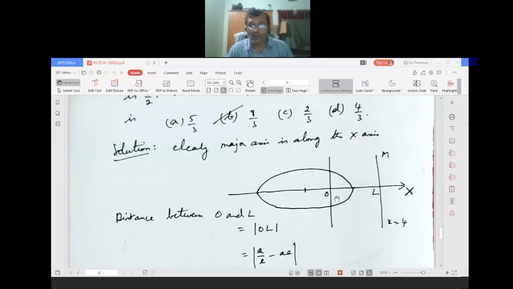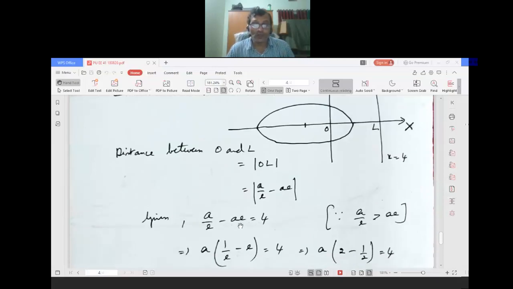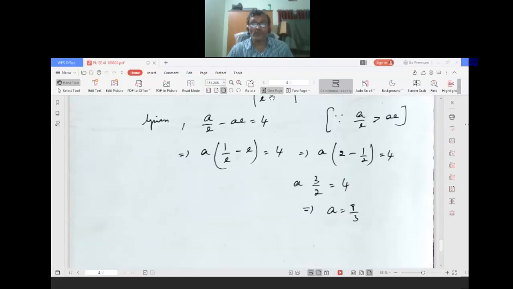I want OL. So OL will be a by e minus ae. That is given to be 4, because x equals 4 means from here to here it is 4. So a by e minus ae equals 4.